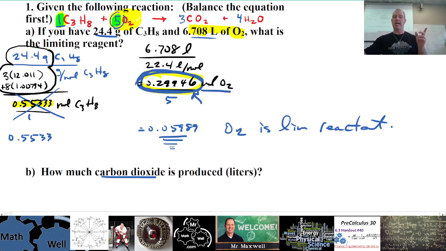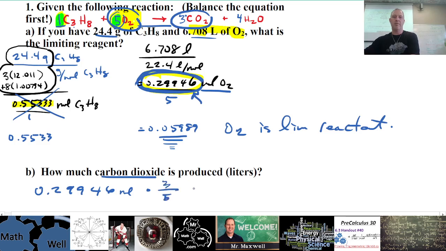So I would go from oxygen all the way to carbon dioxide, and that conversion is going to be the number of moles that are used up, so 0.29946 moles, times the ratio is 3 to 5 for carbon dioxide. So I multiply by 3 divided by 5.